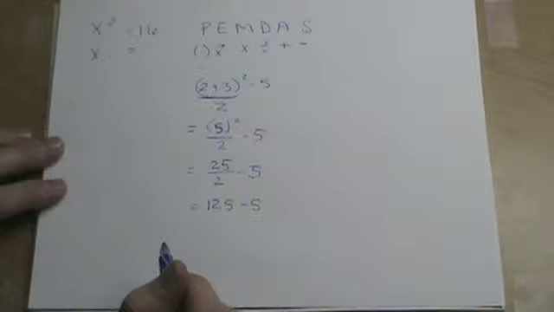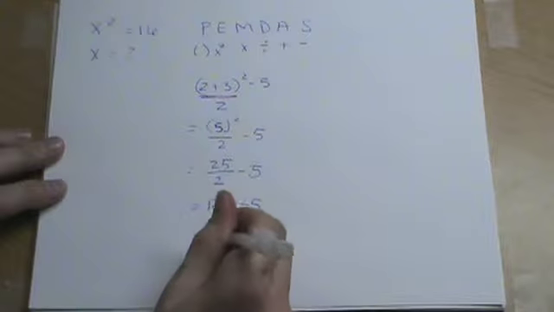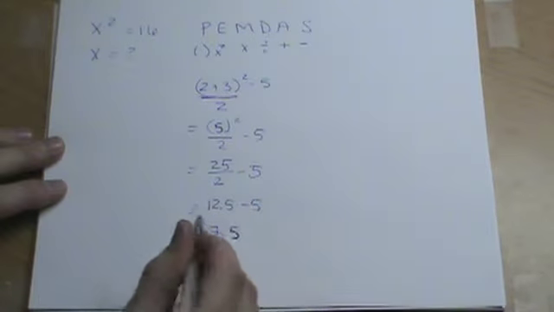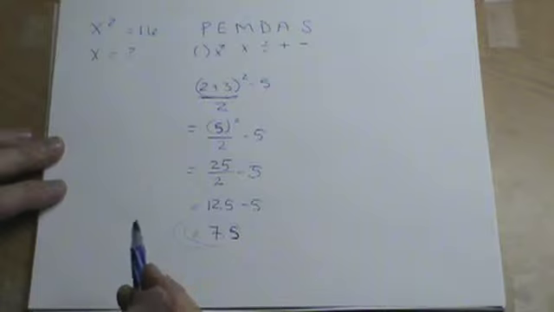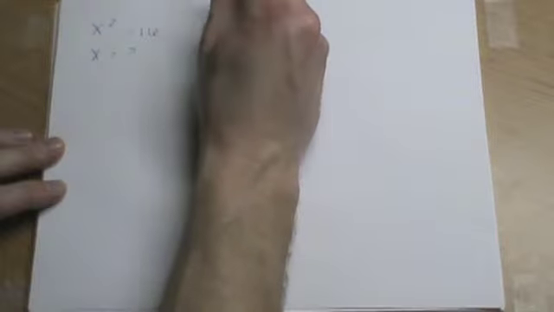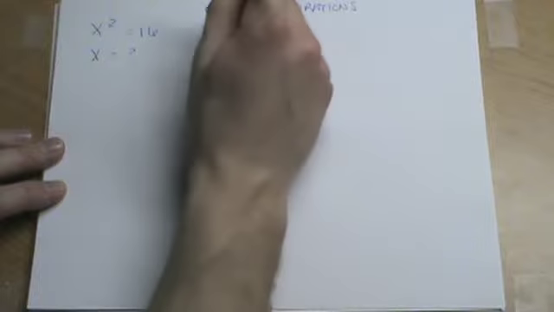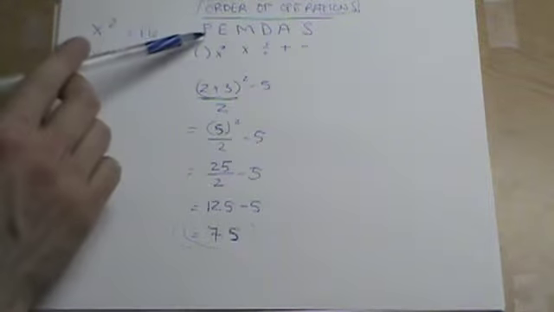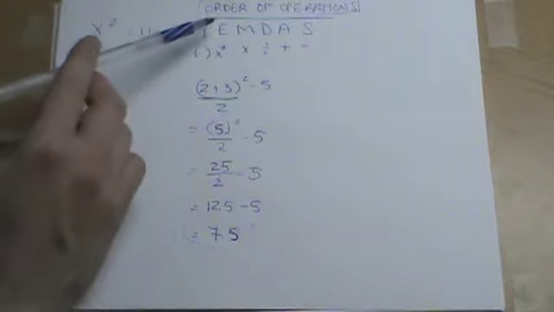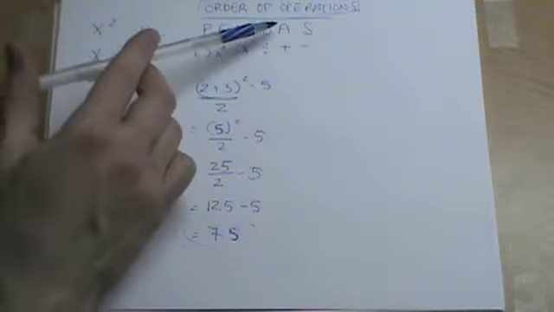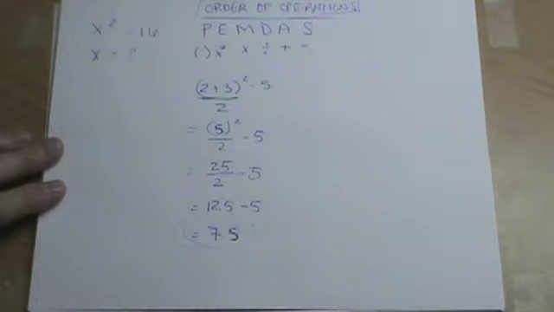So 12.5 minus 5 would be 7.5. So here's our answer, and we obtained that by following our order of operations. Okay? So this is a note that you should write down in your notebooks. Order of operations is PEMDAS. Please eat marshmallows during a storm. That's one way to remember it if you'd like.